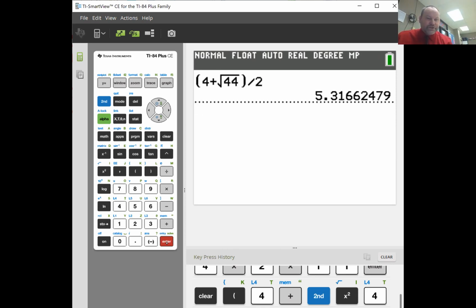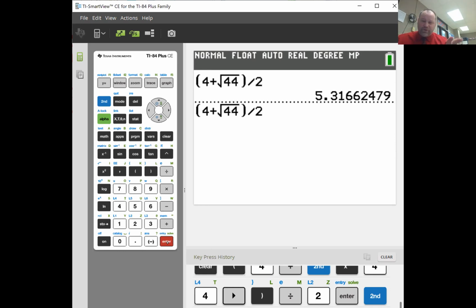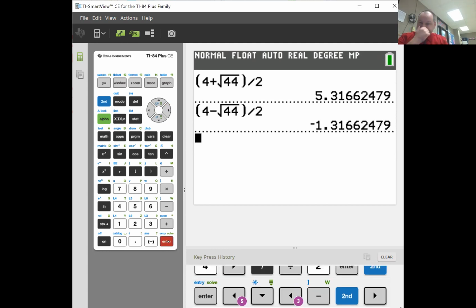The second solution, you could type it in using parentheses and everything. Or the great thing about the Texas Instruments calculators and most other graphing calculators, if you do second enter, it shows the last thing you did. And we know we don't want plus this time. We want it to be minus. So we can highlight the plus sign, make it a minus. And then if we go second and the right arrow, we go right to the end, although you could just press enter before that.